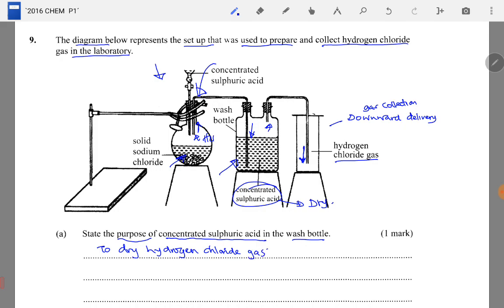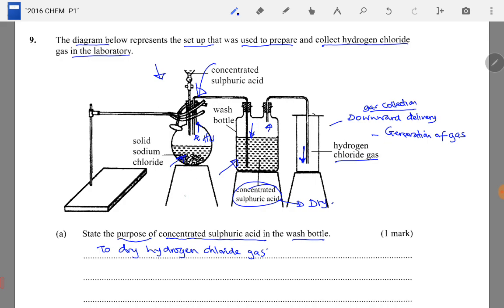Remember, every time you are given a question on laboratory gas preparation, there are 3 sections that you must recall or focus on. First is generation of the gas. In which compartment is the gas generated?